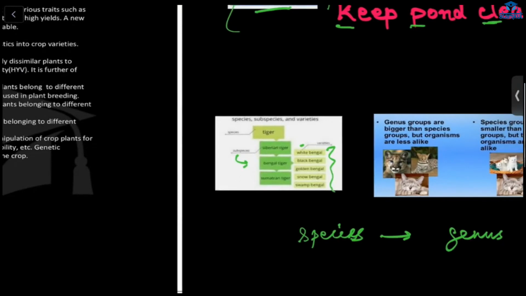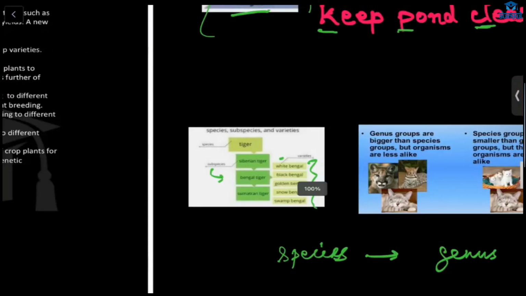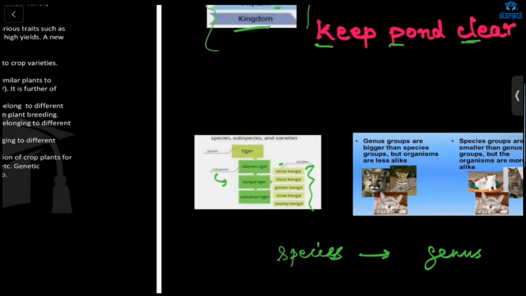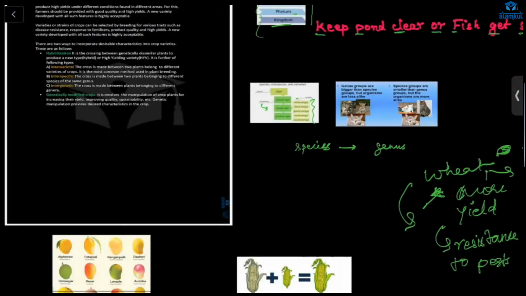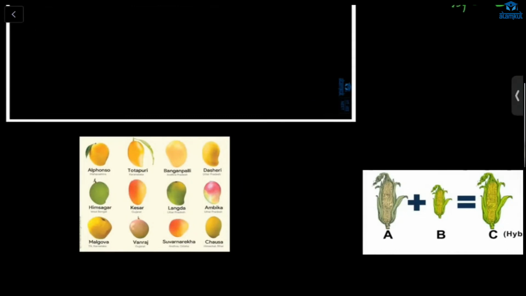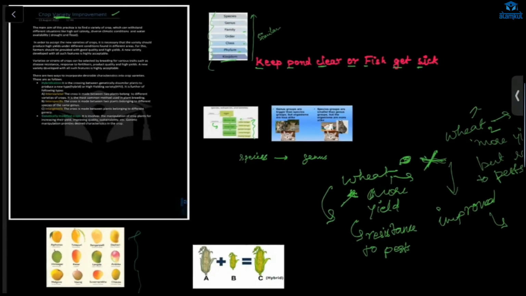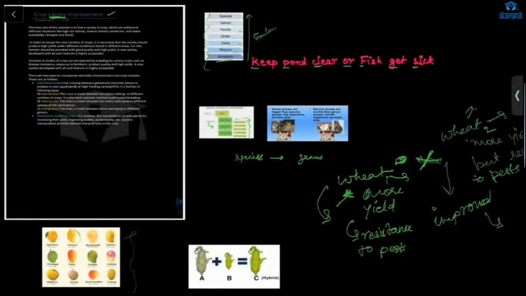Different types, right? For example, mango. They are different varieties, but it is the same mango, right? There are many varieties of mango. Improving this is what we are going to talk about in this section.